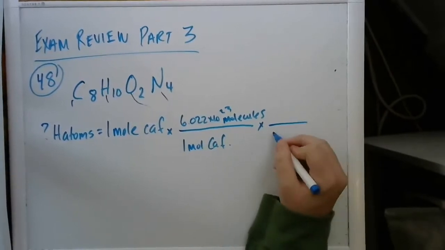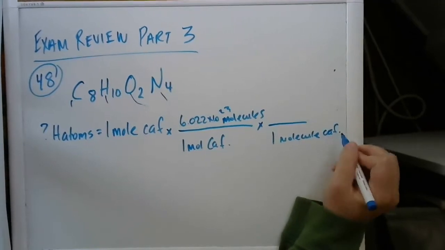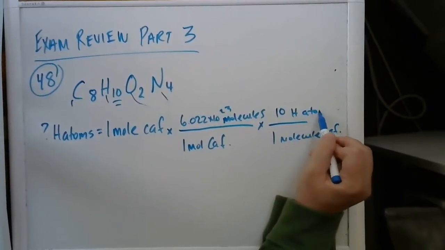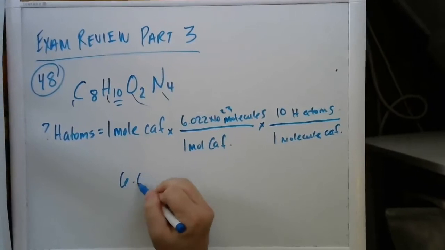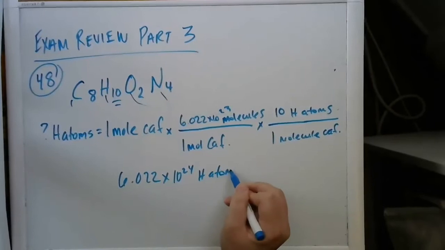And then we can say that for every 1 molecule of caffeine, we have 10 hydrogen atoms. All right, let's see what we get here. Take Avogadro's number, and we'll multiply it by 10. We get 6.022 times 10 to the 24 hydrogen atoms.